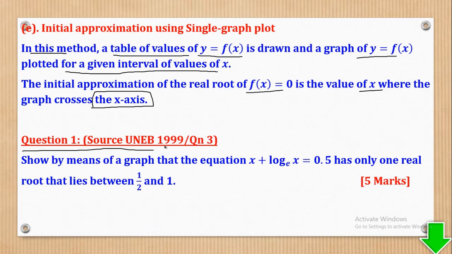So question 1 came from UNEB, paper 2, of 2019, question 3, and says, show by means of a graph that the equation this has only one real root that lies between a half and 1.